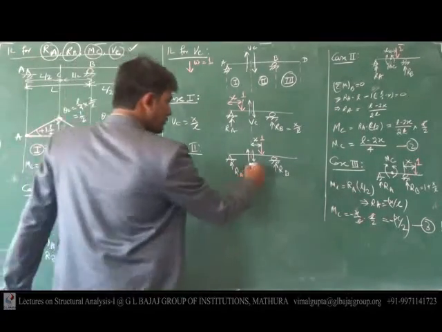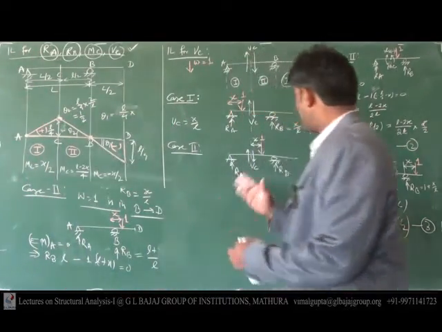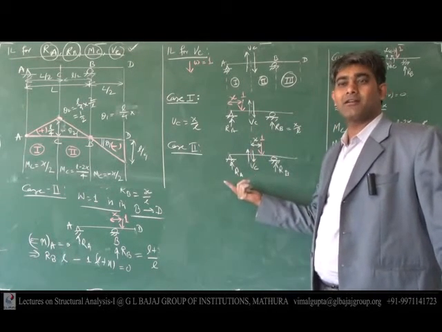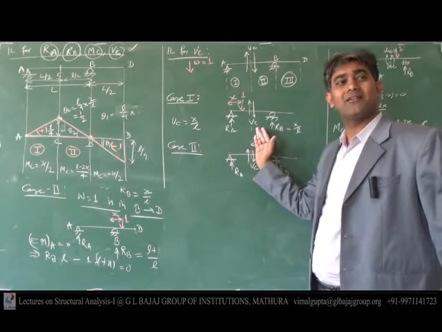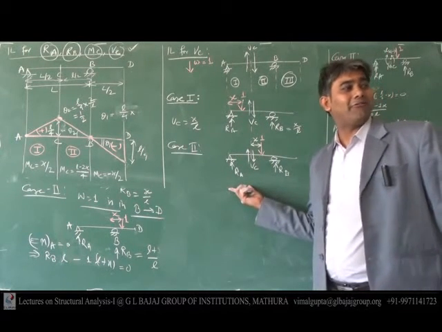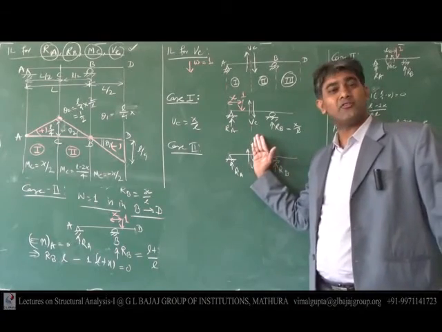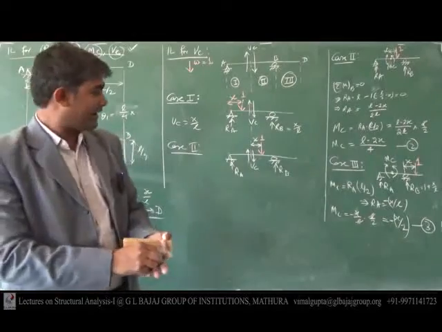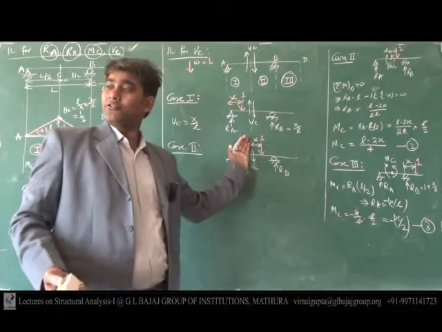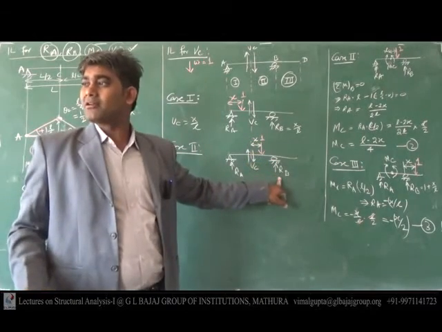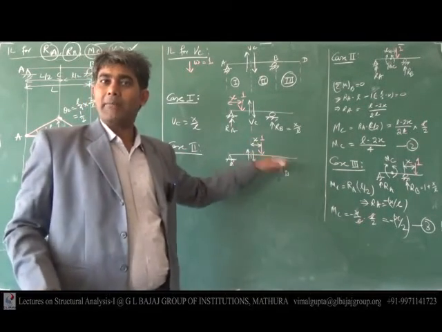What will be the value of VC? It is RA. For equilibrium you will get RA. Or simply consider this part: downward, 1 minus RB. You will get 1 minus RB.